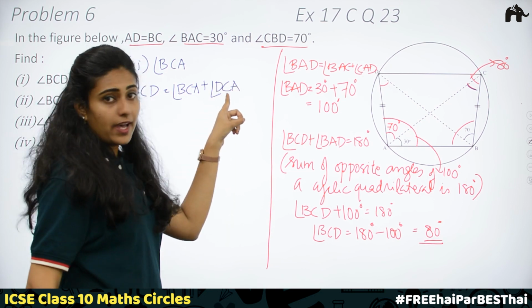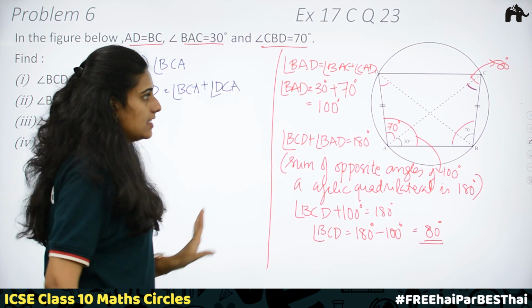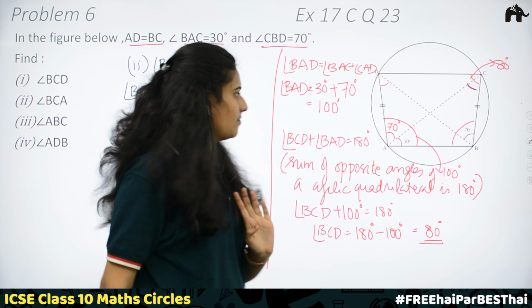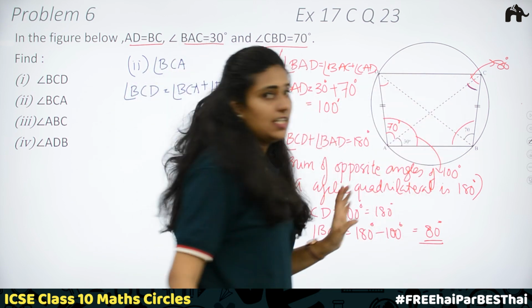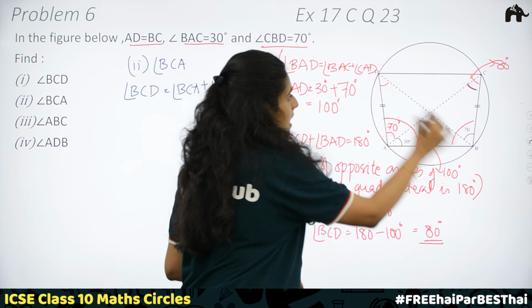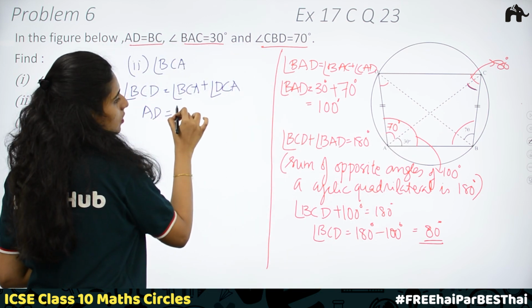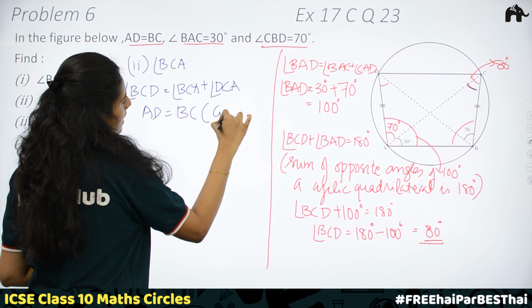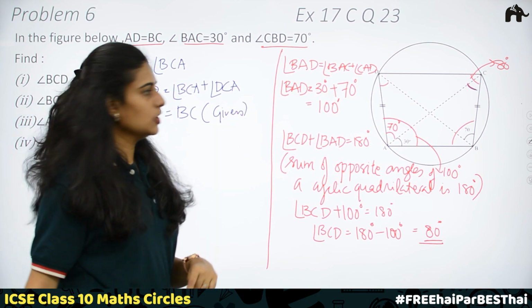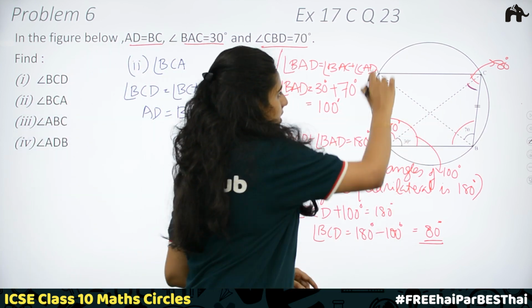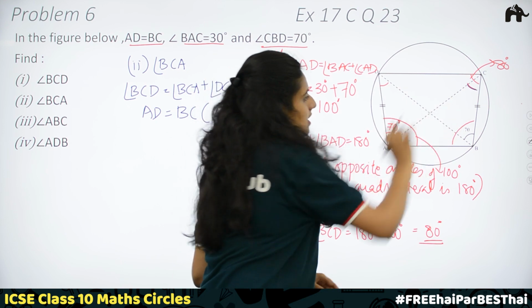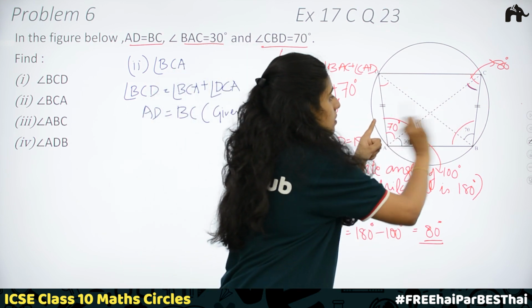So we are going to find what DCA is. How to find DCA? When you consider this figure, it is given that AD and BC are equal. AD is equal to BC is given in the question.